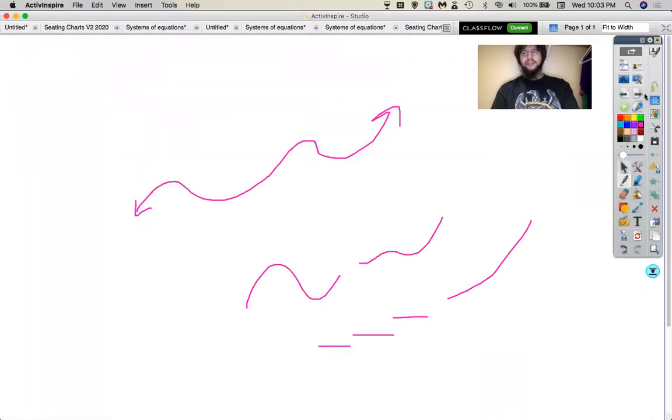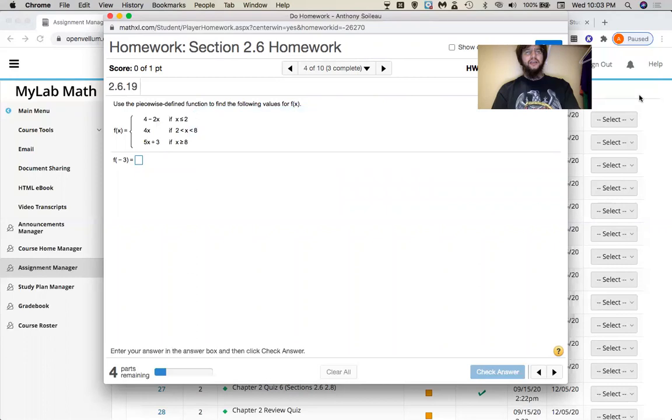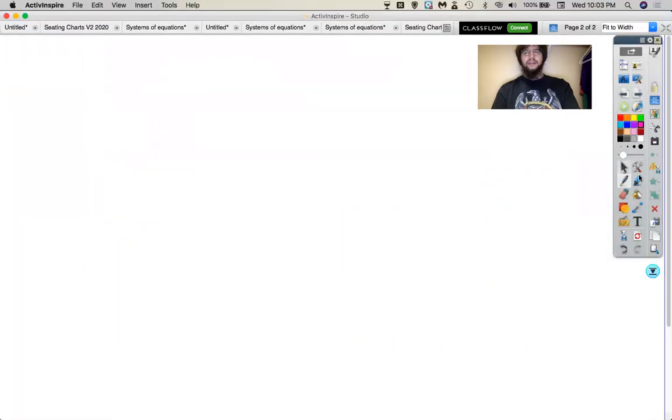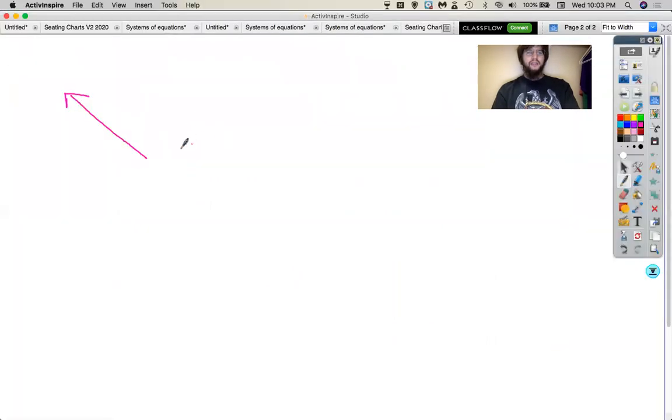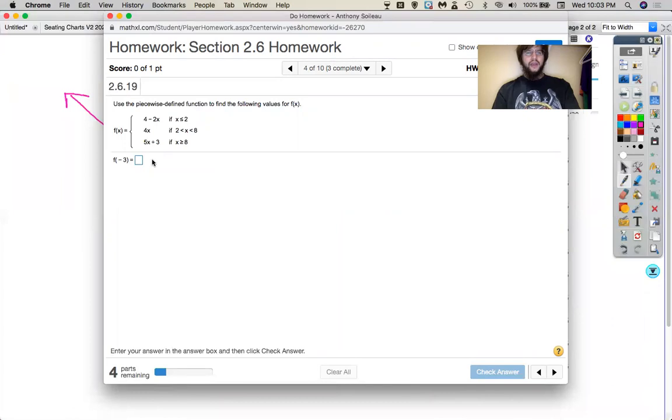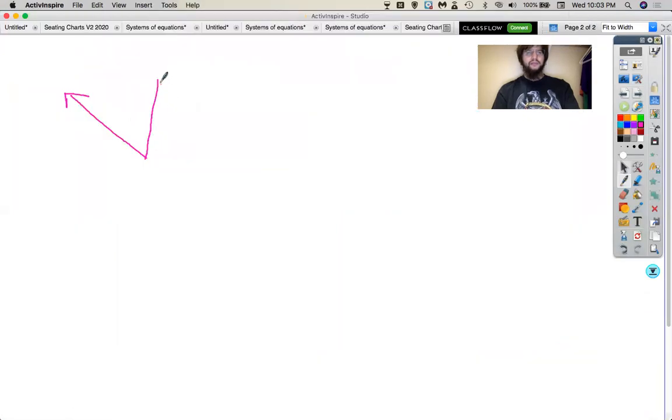I'm just sketching an idea of what this could look like. It's going to look something like this from negative infinity until 2. And then it's going to start going up at a steeper rate than it was going down. And then when it's greater than or equal to 8, it's going to go even steeper, but still positive.